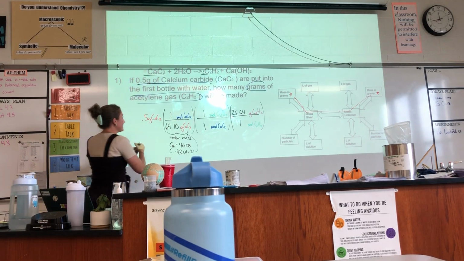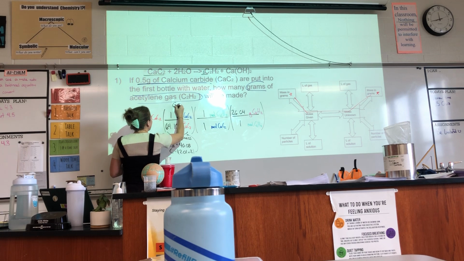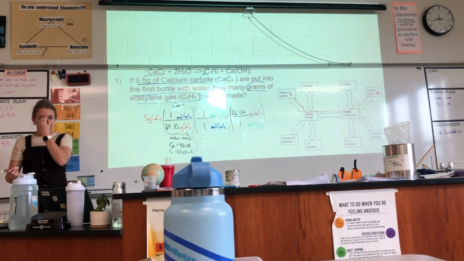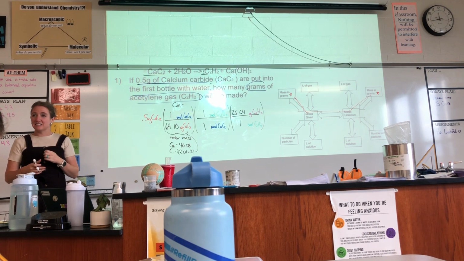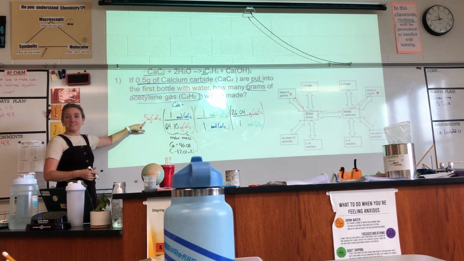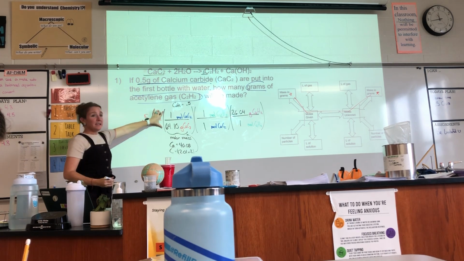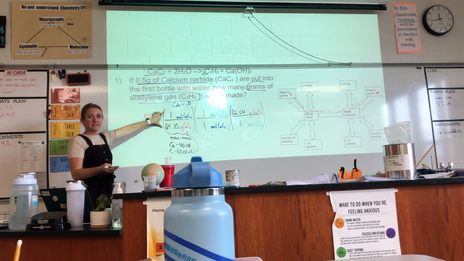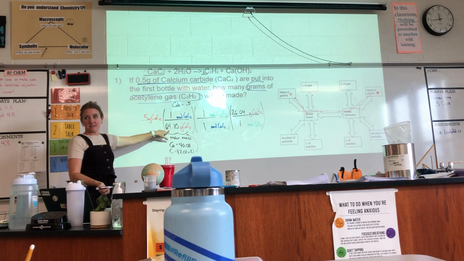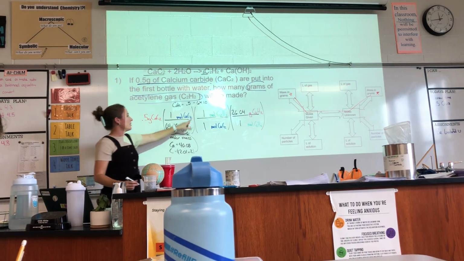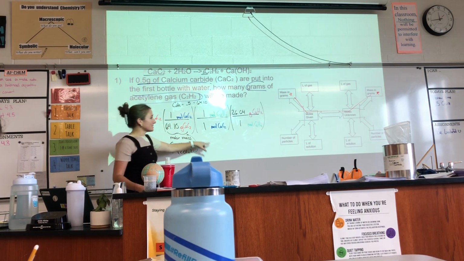Now, typing this into your calculator. Here's how I would choose to type it in, because I don't want to type in all these fractions. That just feels like more work than is necessary. So you start at the beginning. In your calculator, put 0.5. Coming to the first fraction, if it's a 1, you can ignore it. If it's on the bottom, divide it. So I'm going to do 0.5 divided by 64.10. Another 1 and 1, so I'm going to ignore those.